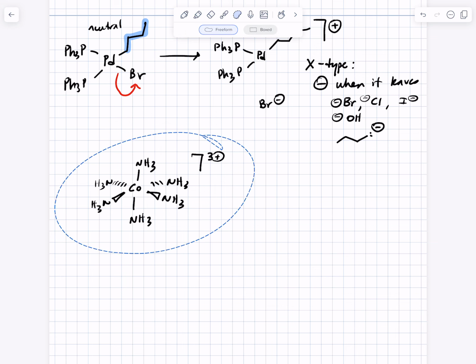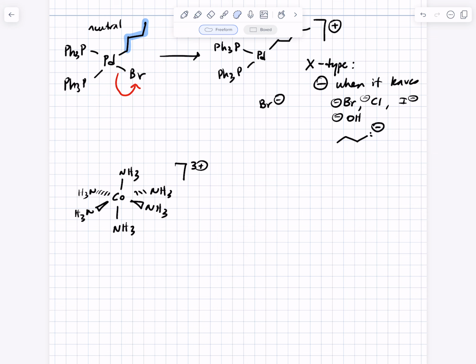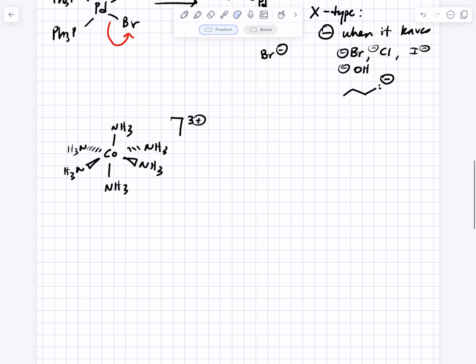Now, what kind of ligand is NH3? Right, because if it left, it would leave as neutral ammonia, which is an L-type ligand. So I have 6 L ligands. The overall charge on each of those ligands is 0.